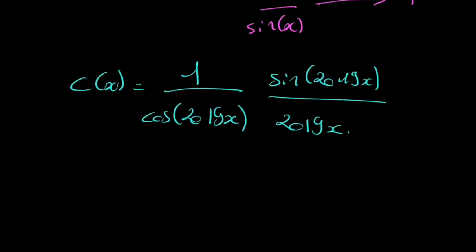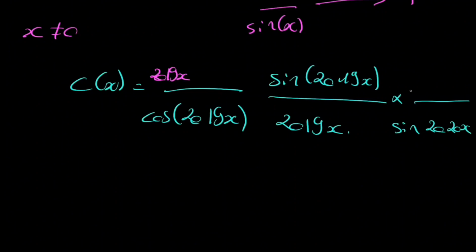But to do that, I also have to multiply by 2019x at the top, and I can divide by 2019x because x is not equal to 0. Same thing with sinus of 2020x. We divide by sinus of 2020x, and we multiply by 2020x at the top, but also at the bottom.